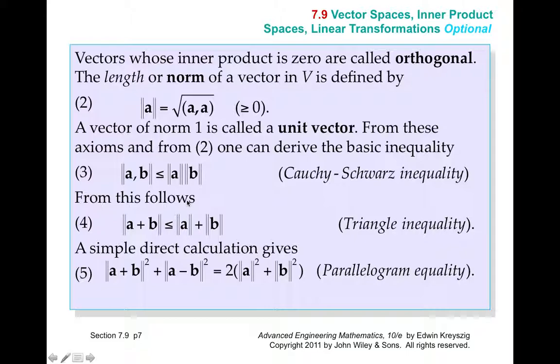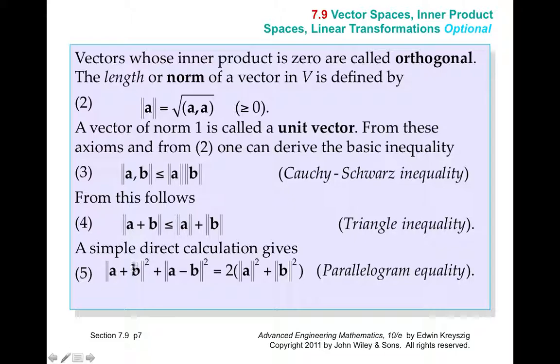So from this you can get a couple of additional identities. One is the triangle inequality, which says that the magnitude of the sum of two vectors is less than or equal to the sum of the magnitudes. This just means that two sides of a triangle will always add to something that is greater than the third side.